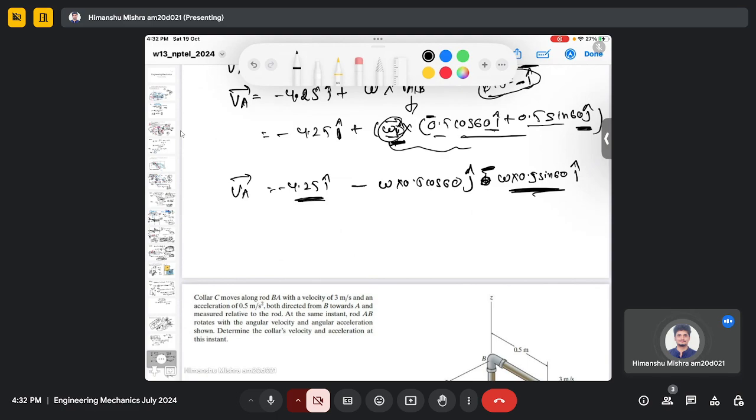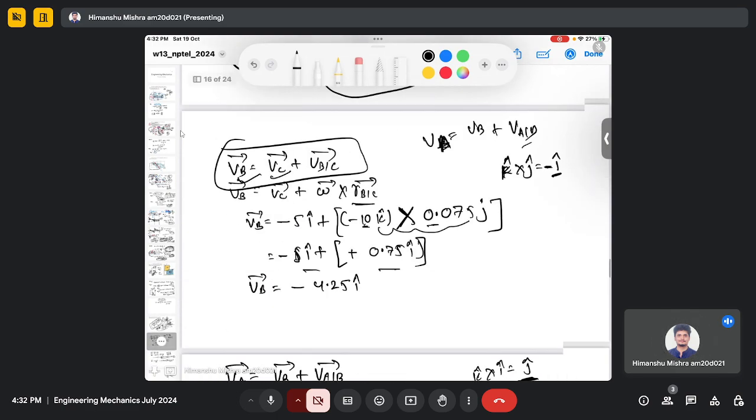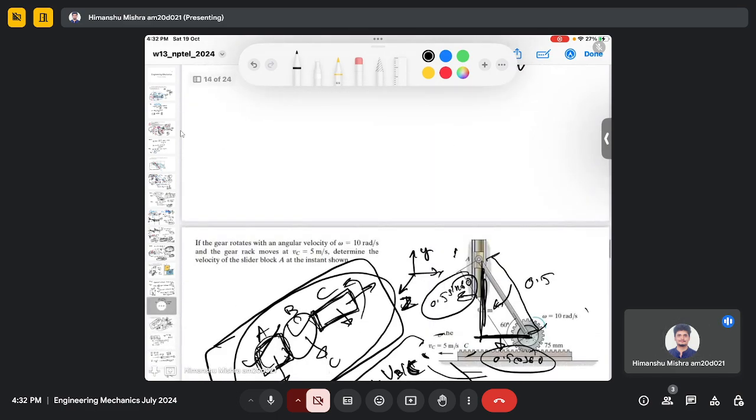So now I can use the fact that, in the previous classes we have used, for example, let's say this is O and this is point A and it is rotating, and this is the radius r. You can get the velocity at point A by using the relation omega multiplied by r. I am writing in the scalar form.